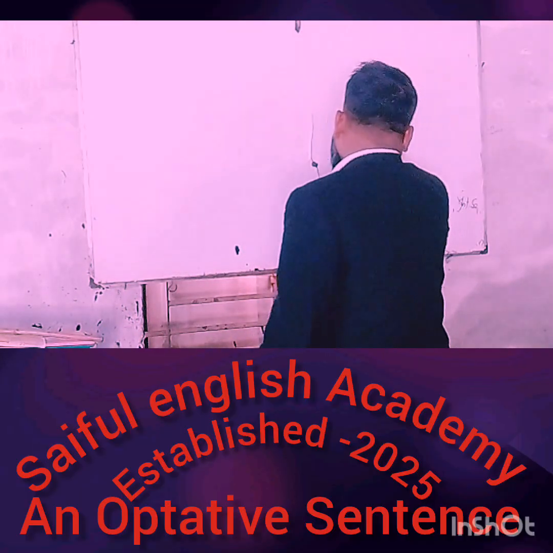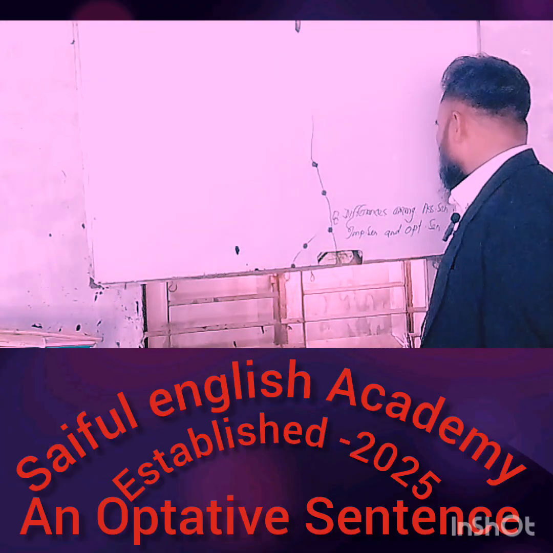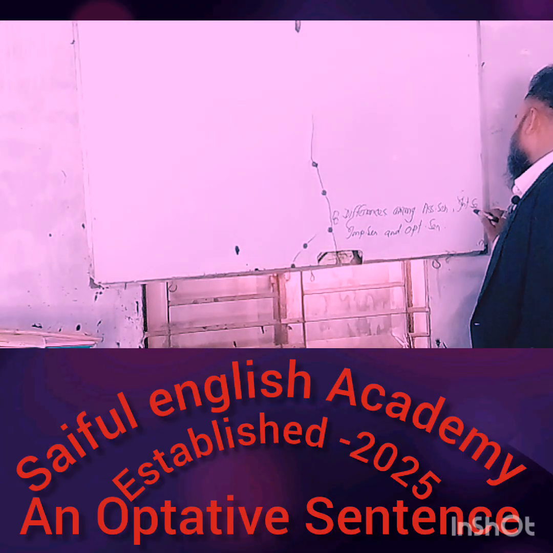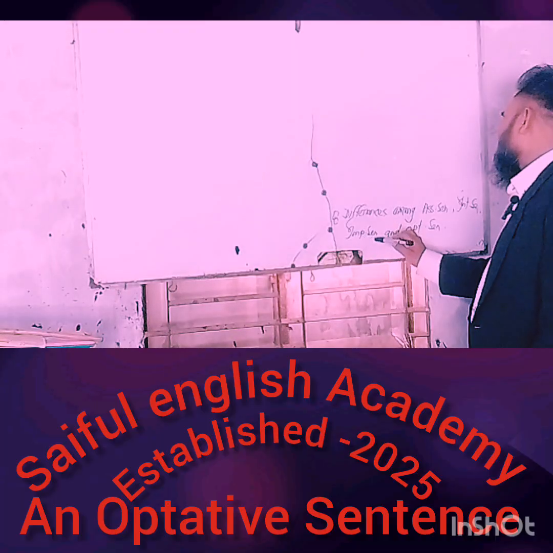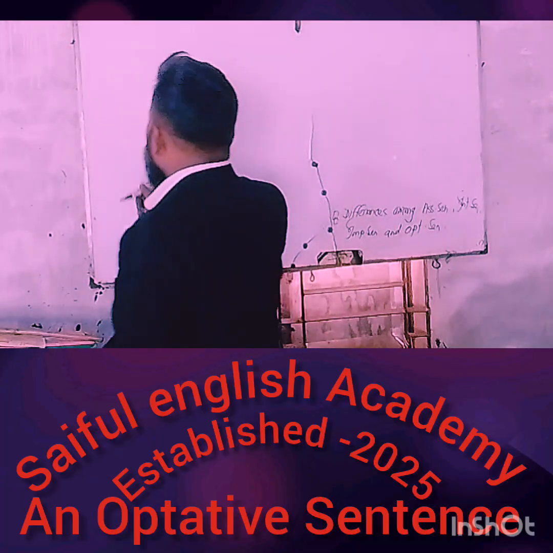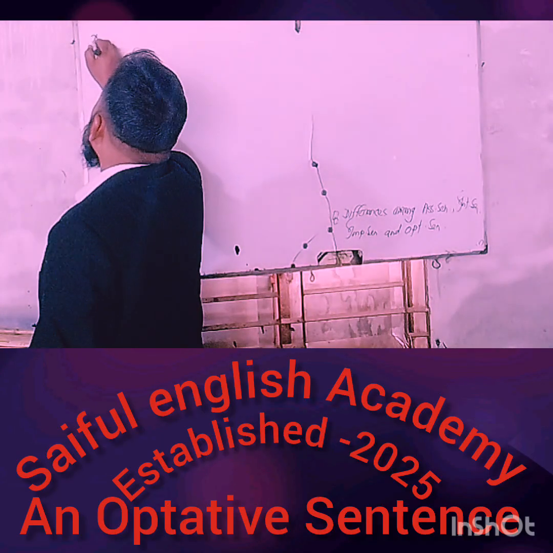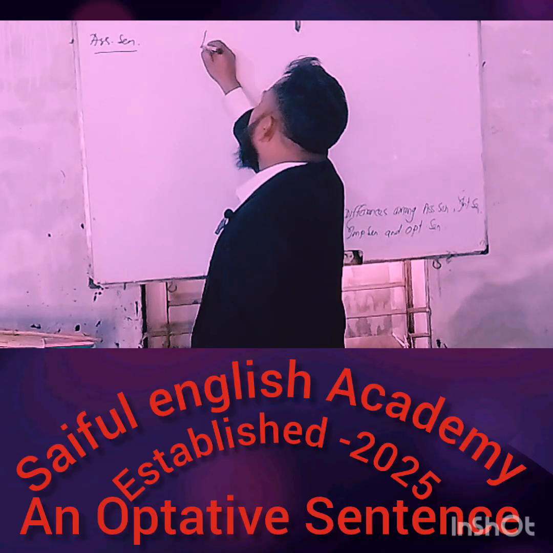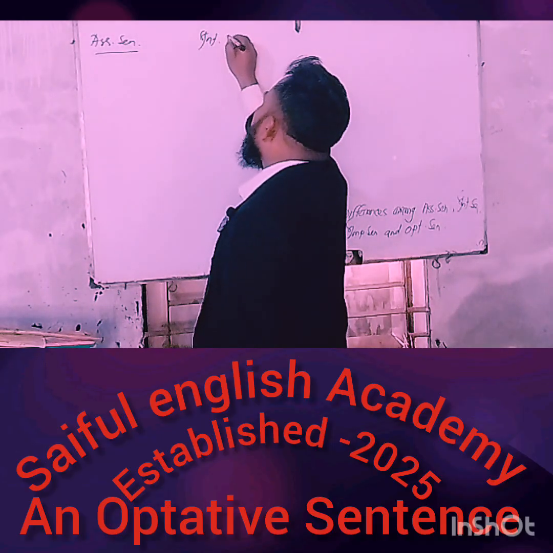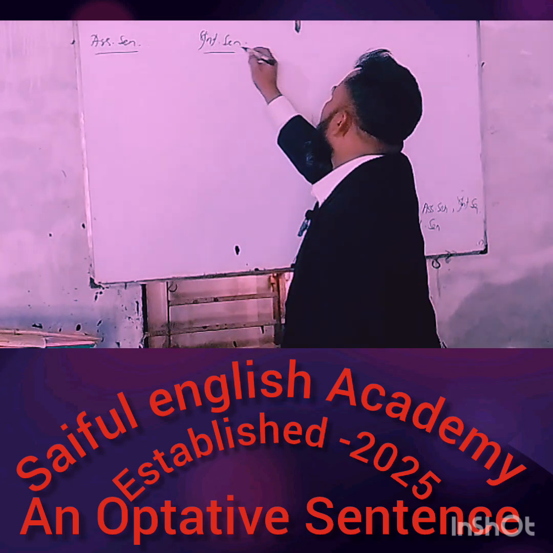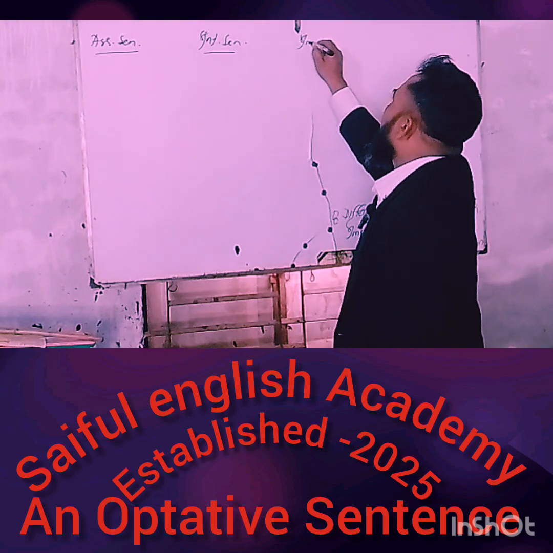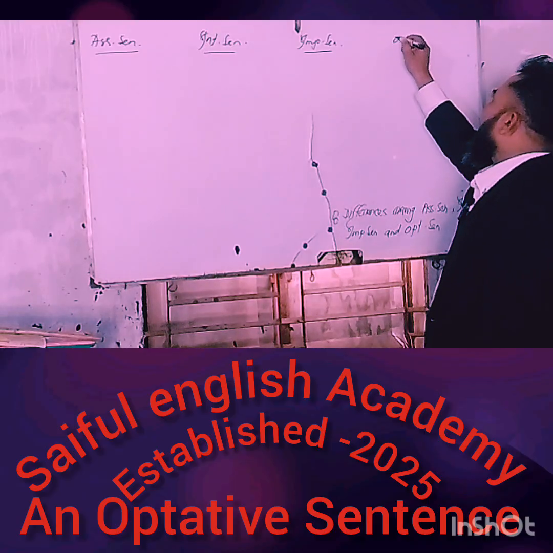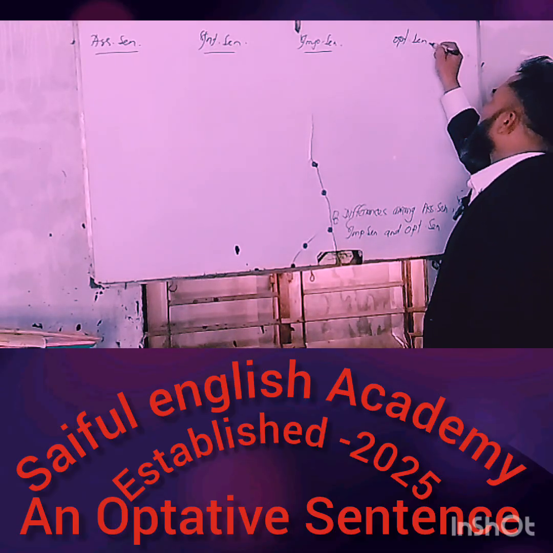My dear learners, now I'm trying to show you the difference among assertive sentence, interrogative sentence, imperative sentence, and optative sentence. Take a look at the board and try to understand. Assertive sentence, interrogative sentence, imperative sentence, number four, optative sentence.